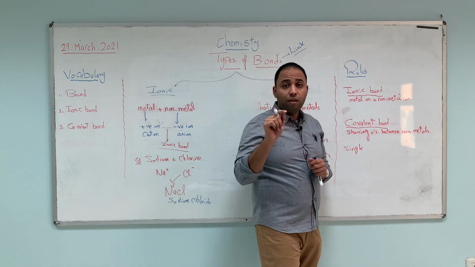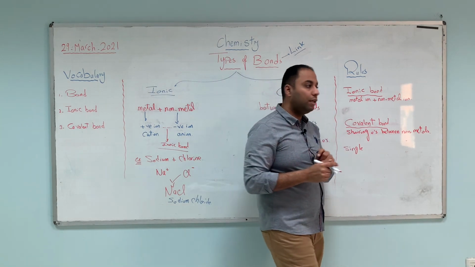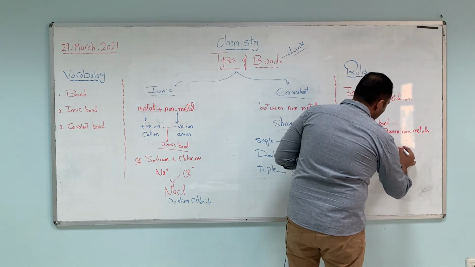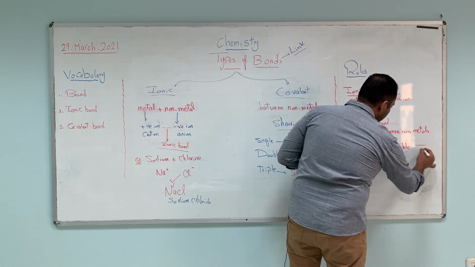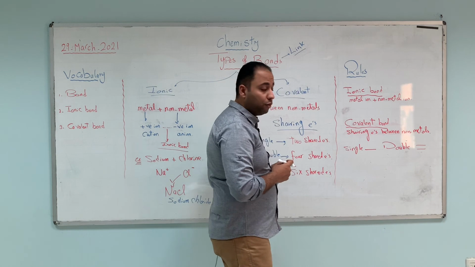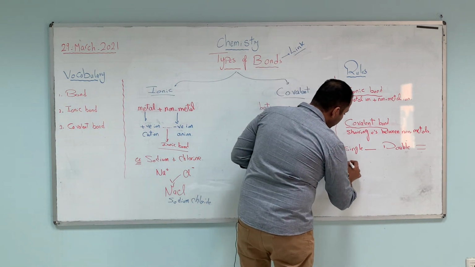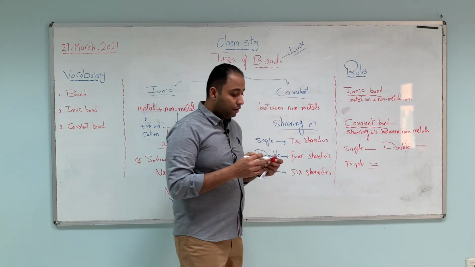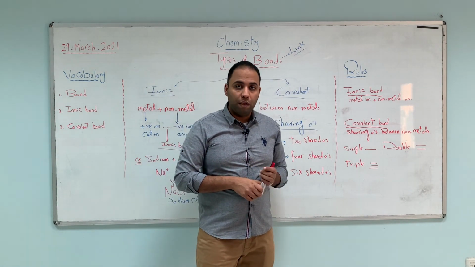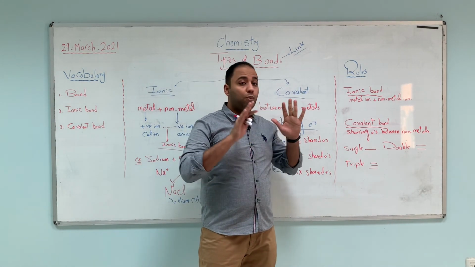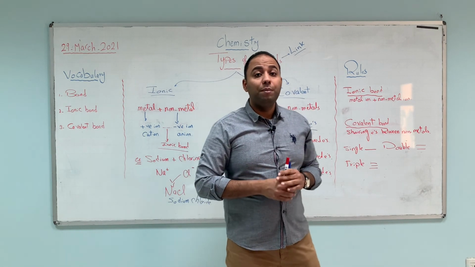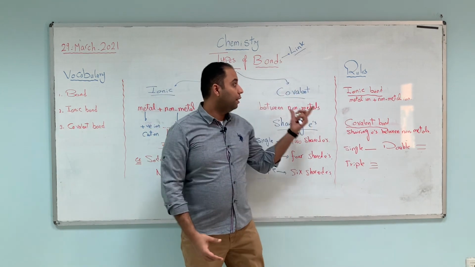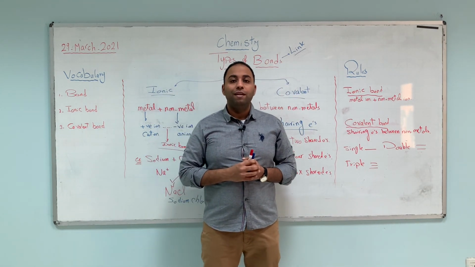This one dash indicates there are two shared electrons. So I'll put here the single, double, with four shared electrons, and here triple, with six shared electrons. Okay, so now we covered all the main points and the difference between ionic and covalent bond. Thank you.